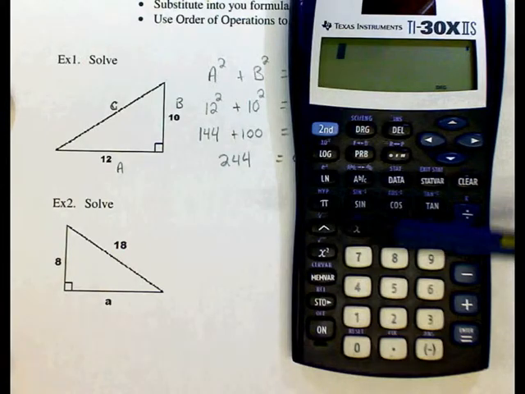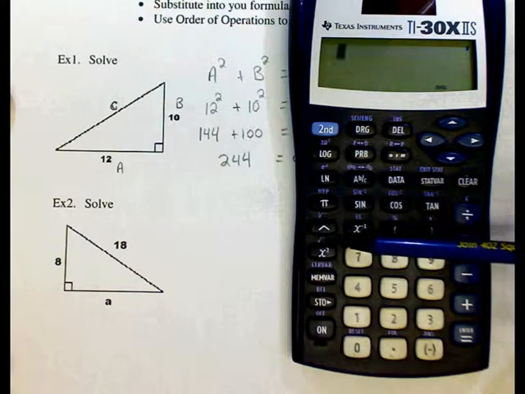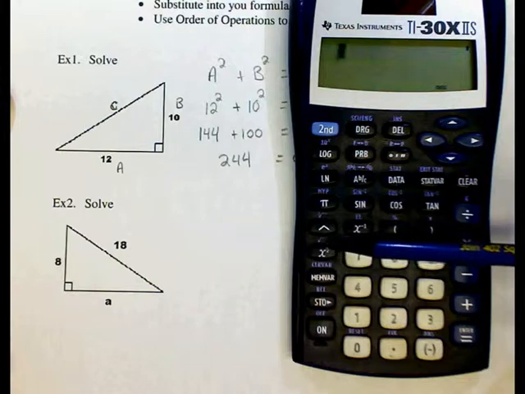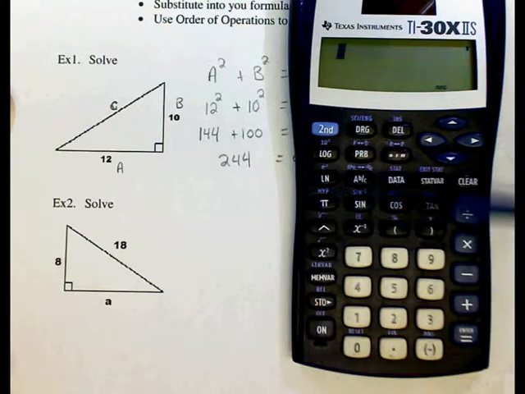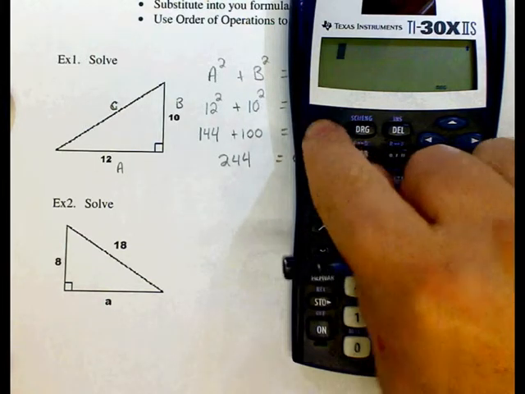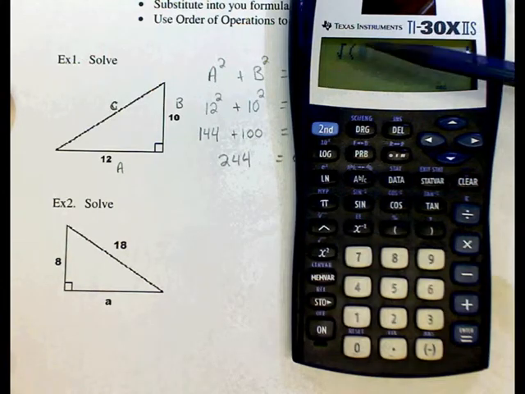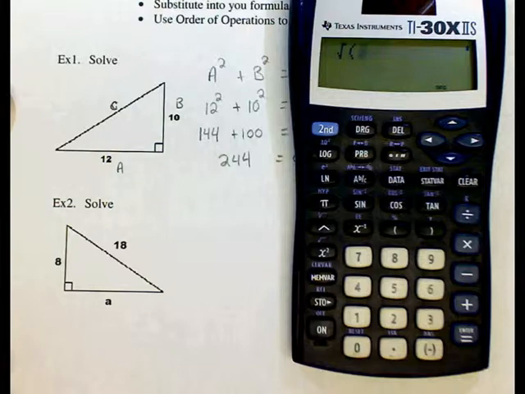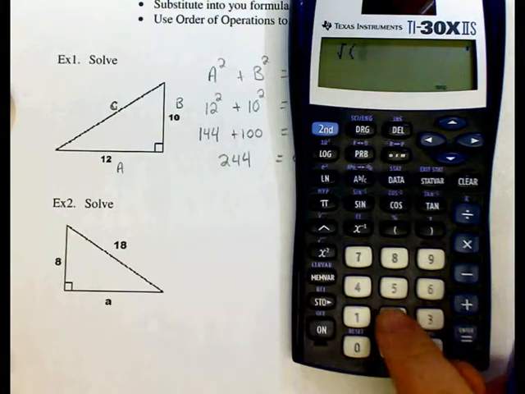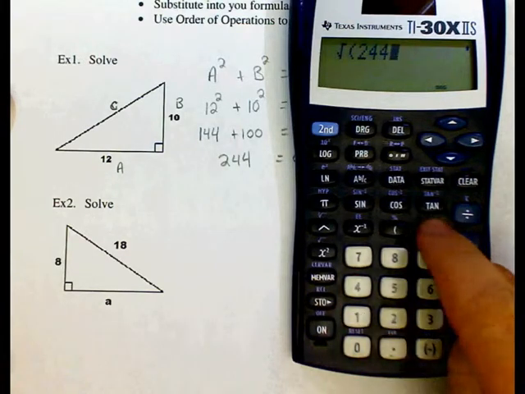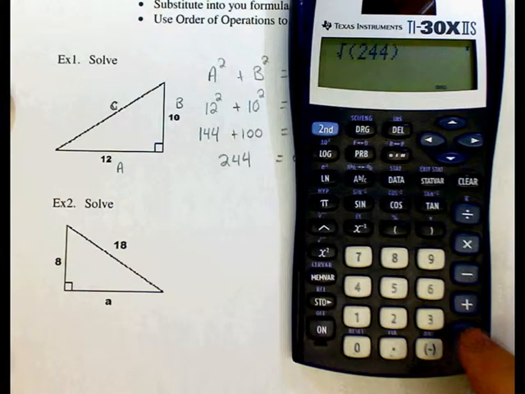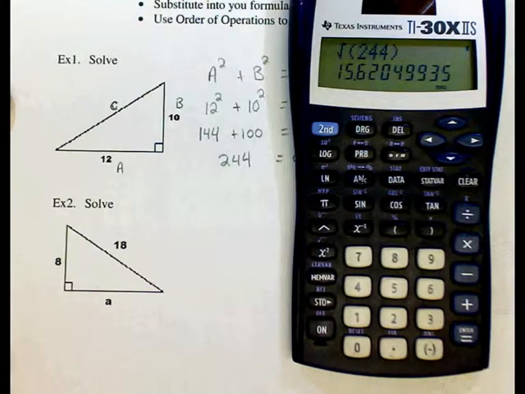For this calculator, I know my square root button is right here, which is the second function to this. So I'm going to hit second function, square root, and it pops up in my display. Well, what number do I want to square root? Well, it's 244. Close my brackets, equals 15.6204, and so on.